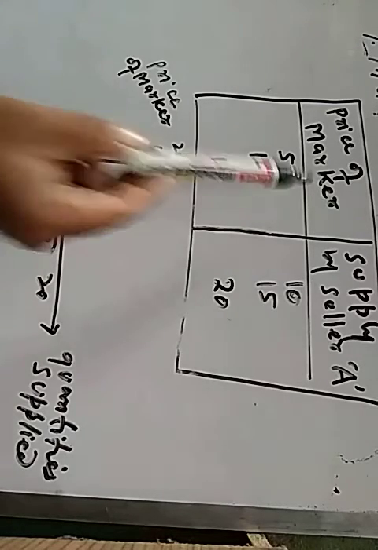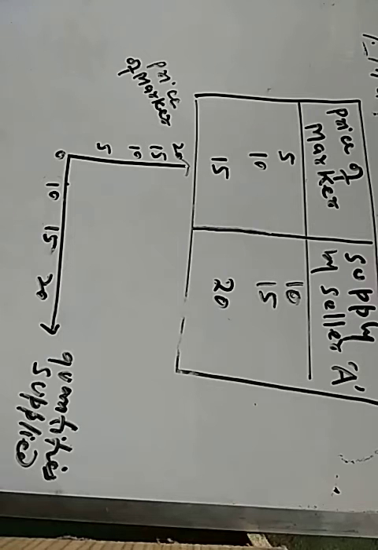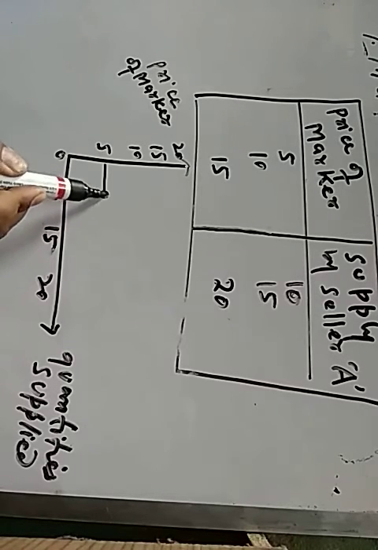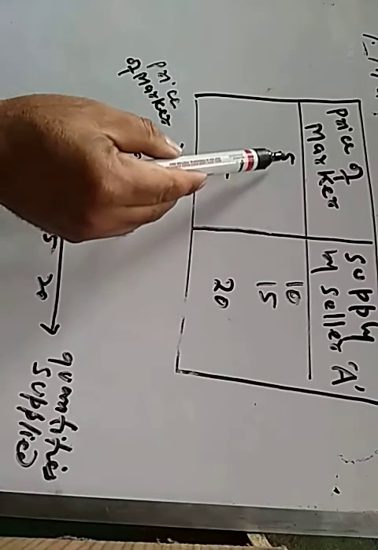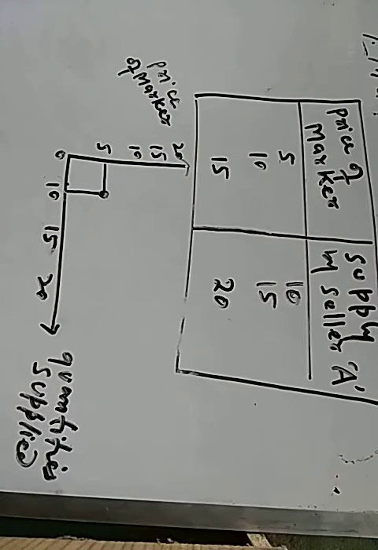When the price of marker is 5 rupees, at that time supply by the seller is 10 units. When price increases from 5 rupees to 10 rupees, supply also increases from 10 to 15 units.